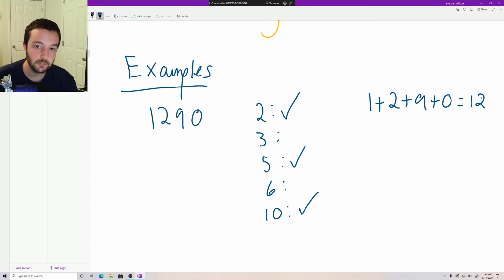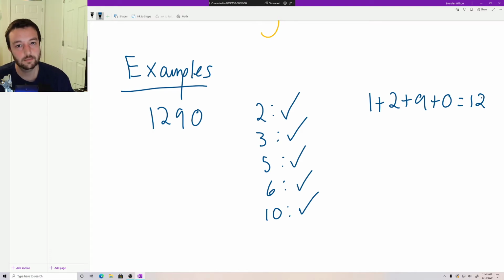Is 12 a multiple of 3? Yes, it is, because you get 3, 6, 9, 12. So it is divisible by 3. Now, because it's divisible by both 2 and 3, it's divisible by 6. So it actually was divisible by all of these numbers.